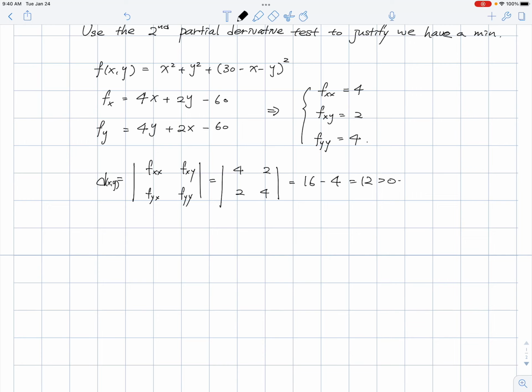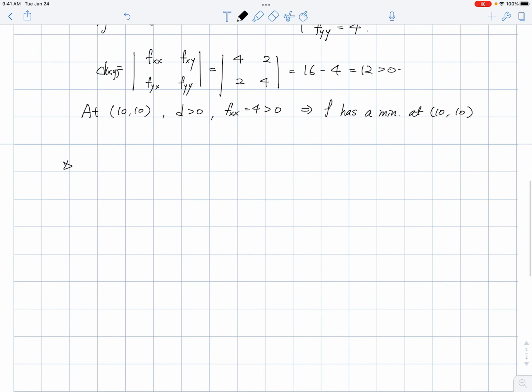All right, so here we know that at the critical point D is positive. When D is positive, we also look at what happens to the second derivative fxx, and this also is a positive number. So therefore, the second derivative test tells us that we have a minimum value at 10, 10.